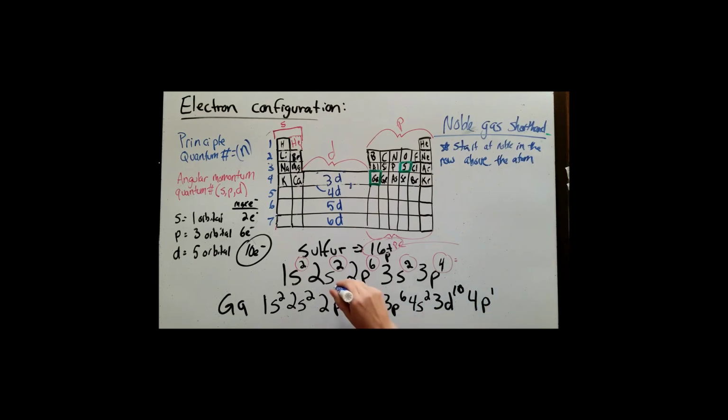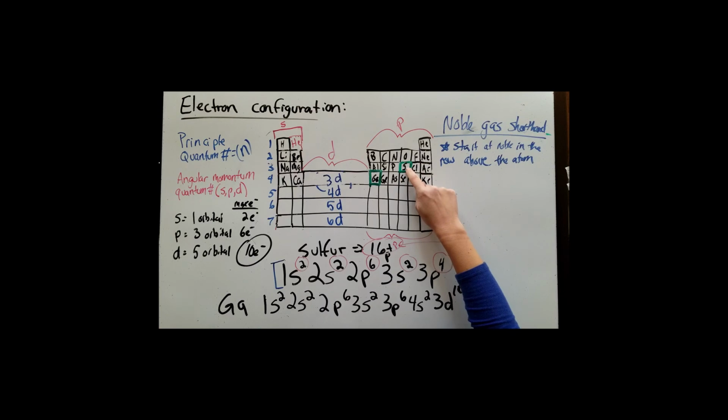All right, so let's take sulfur here. We're going to write the shorthand way. In order to start writing the noble gas shorthand configuration of sulfur, we want to start at the noble gas in the row above sulfur.